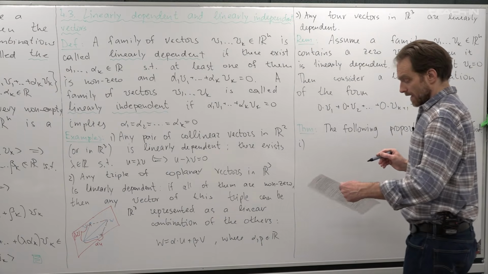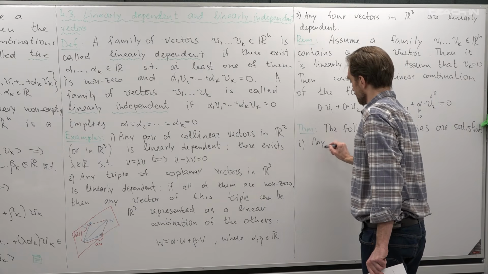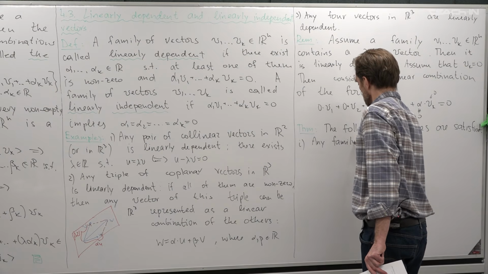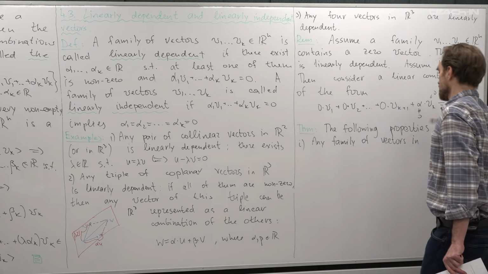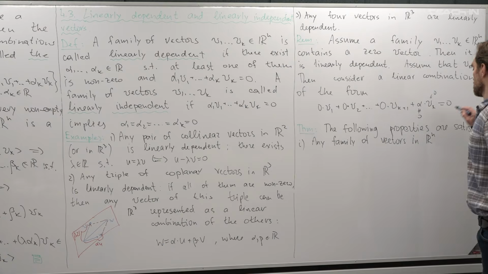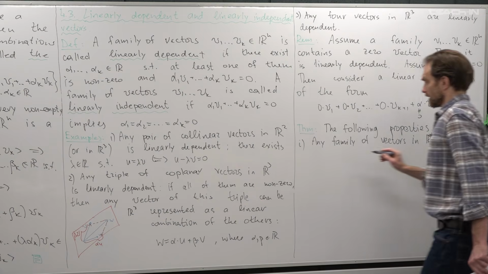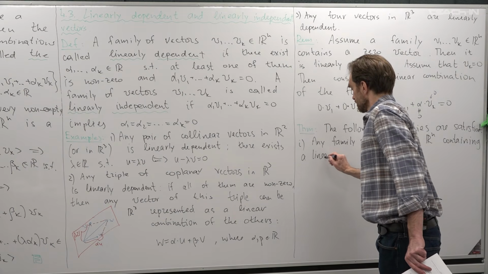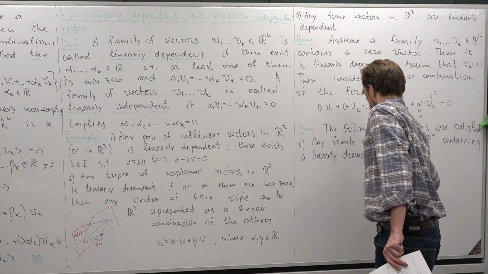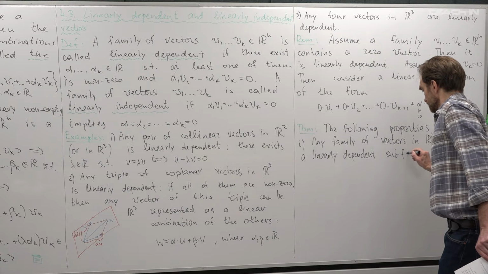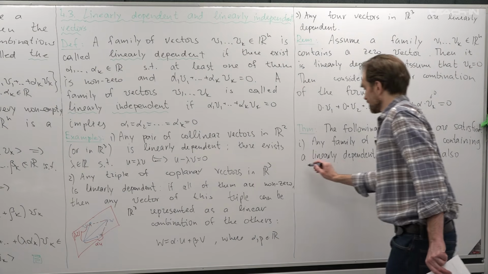The first property: any family of vectors in Rn containing a linearly dependent subfamily is also linearly dependent.